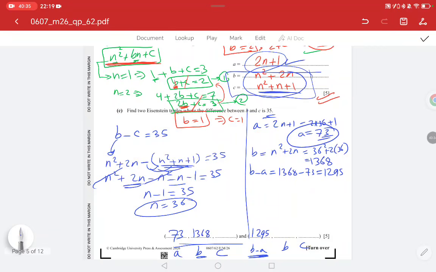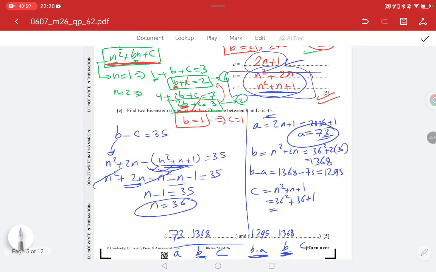Okay, now how about C? C is n squared plus n plus 1. So n is 36, squared plus 36 plus 1.